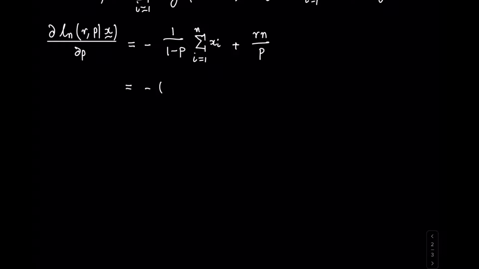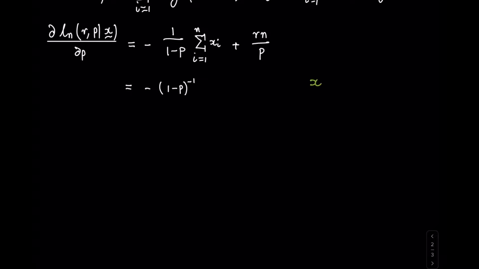And what I might do for the next part is rewrite it as -1 minus p to the -1 times the sum from i equals 1. In fact, before I do that, I'm going to define a new term just on the side here in green.